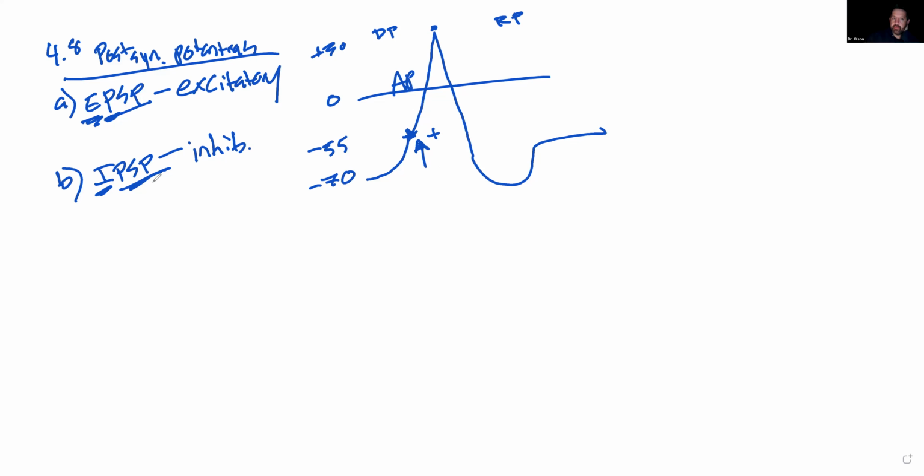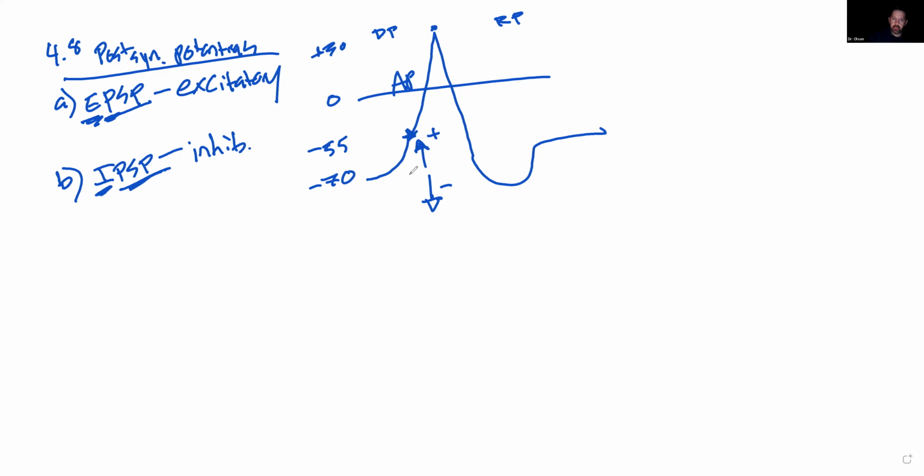An inhibitory postsynaptic potential is going to be different. With an inhibitory one, we're moving away from threshold, so we're moving more negative. And we'll say that an inhibitory postsynaptic potential is going to require a higher grade stimulus to bring the membrane to threshold. And that's true if you think about it.